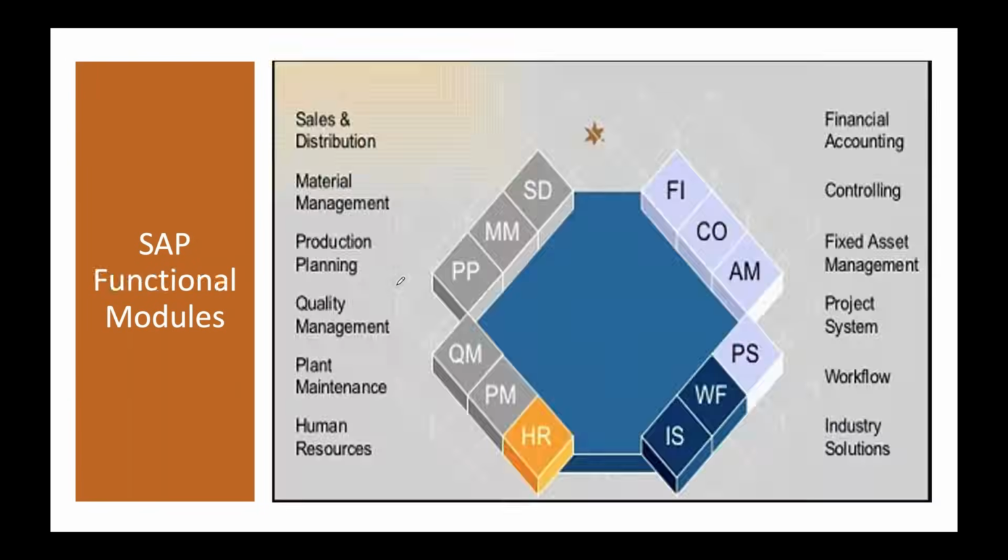Now we will discuss the SAP functional modules. These are the functional modules in SAP. First SD, sales and distribution. Materials management. PP, production planning. QM, quality management. PM, plant maintenance, I'll explain this. HR, human resources. Then you have project systems, PS, and these are the finance ones: FI, controlling, asset management.